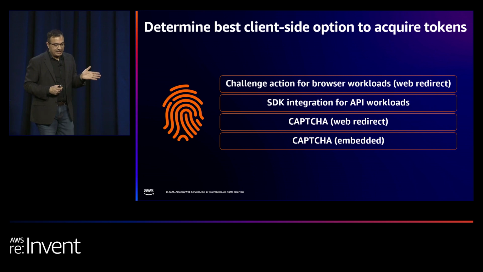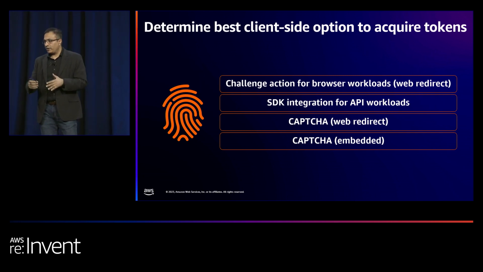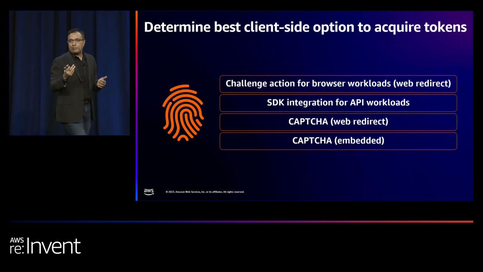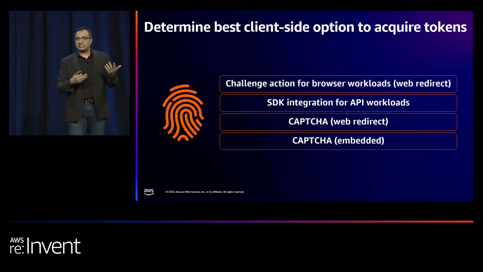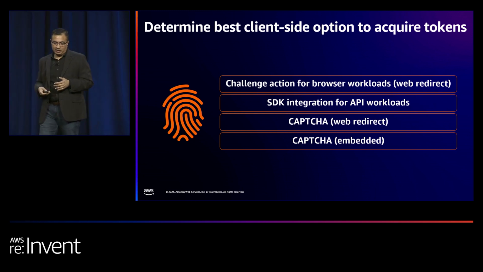The first one is a challenge action, typically very useful for browser workloads. So if you have web workloads, your clients are going to be normal browsers. The challenge, the redirect, and the proof of work has visibly no impact on a real user, but it raises the cost by orders of magnitude for bot operators.